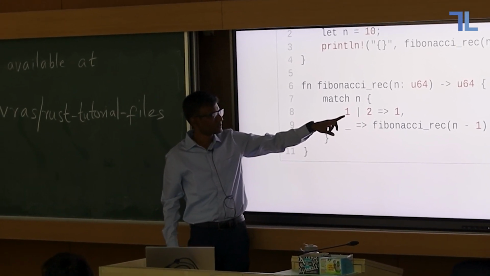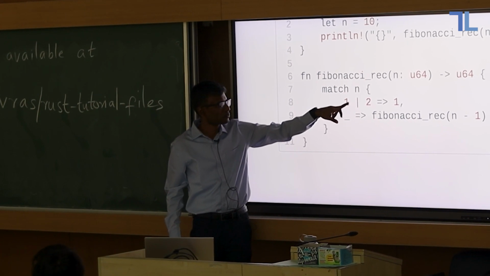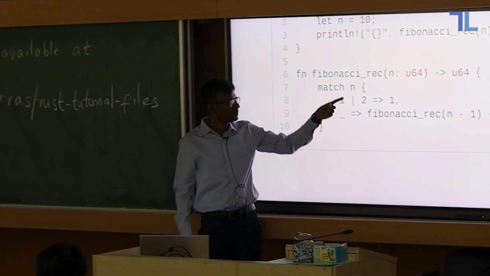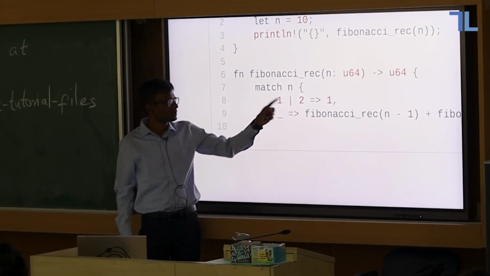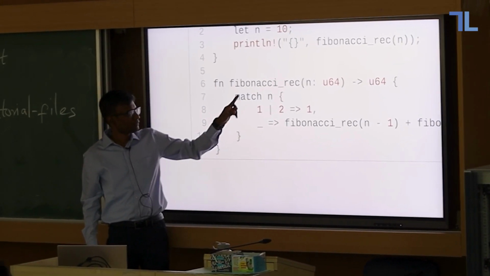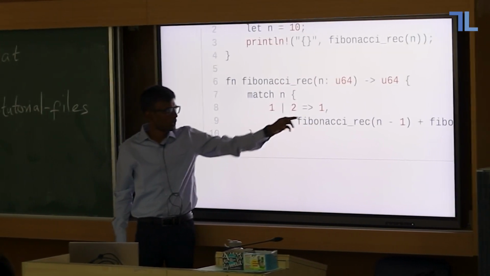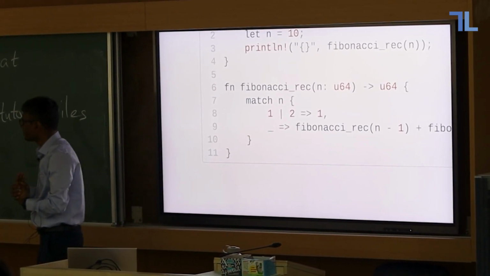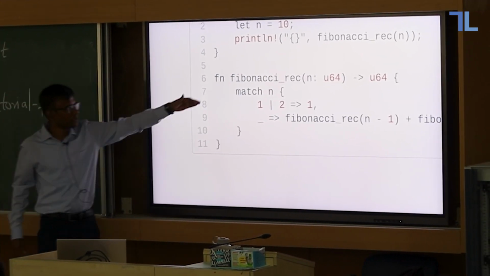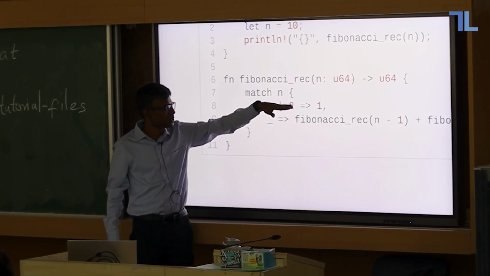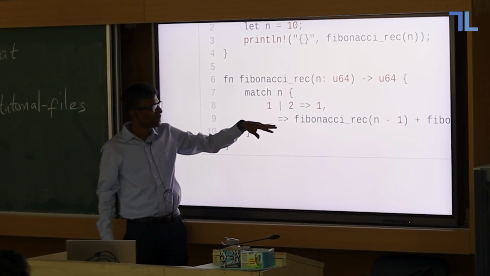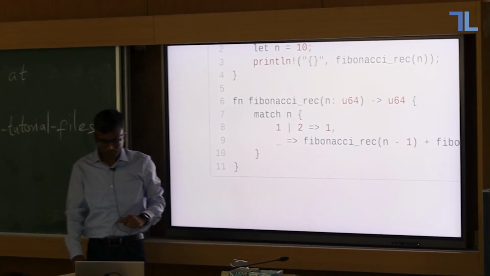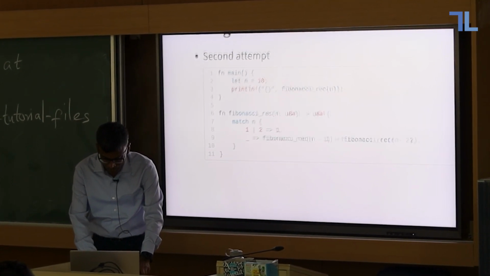If the value of n is 1 or 2, where the single pipe is syntax for or, set it to 1. Otherwise, this underscore means that it's a wildcard. This means that if it is not 1 or 2, the match will execute from top to bottom. So if this did not get matched, whatever be the other value here, just run the recursive step.